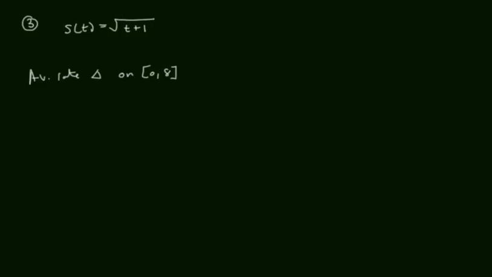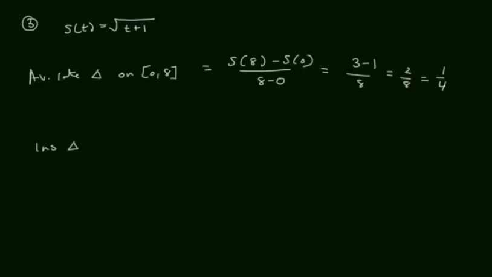So the average rate of change, s of 8 minus s of 0 all over 8 minus 0, is going to give us 3 minus 1 over 8, or 2/8, simplify 1/4. The instantaneous rate of change at t equals 3. Let's use notation. So s prime at 3.